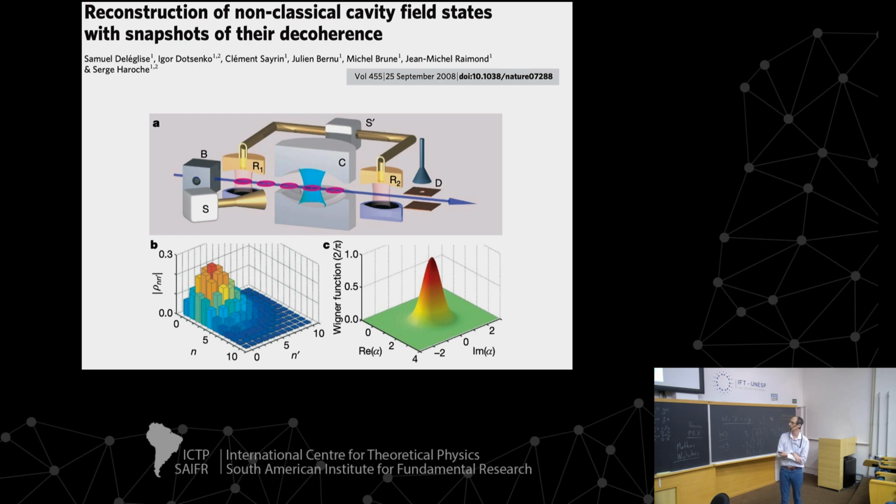You can see here all the off-diagonal terms that are characteristic of the fact that you have a coherent state, not really a mixture of different probability densities of number states, but really a smooth profile.